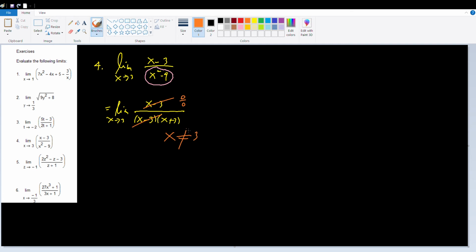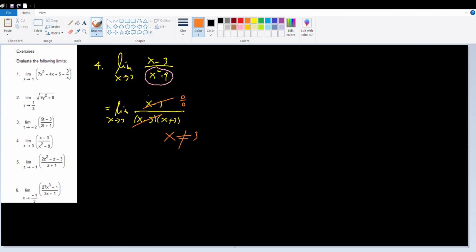Let us bear in mind that we are evaluating the limit and we are not calculating for the function value. So here, we cannot say that x is equal to 3. X is merely approaching the number 3, either from the left or from the right. So x minus 3 actually is not really 0. So we are cancelling x minus 3 and x minus 3.